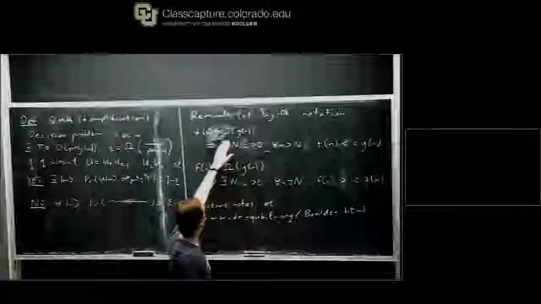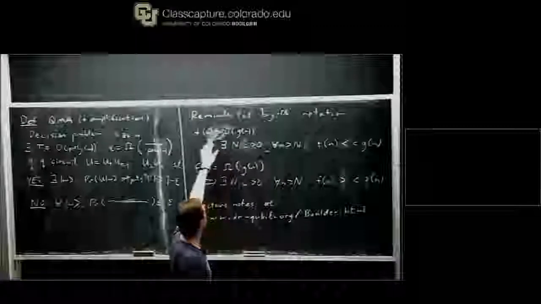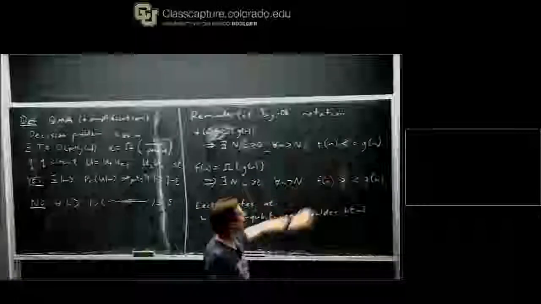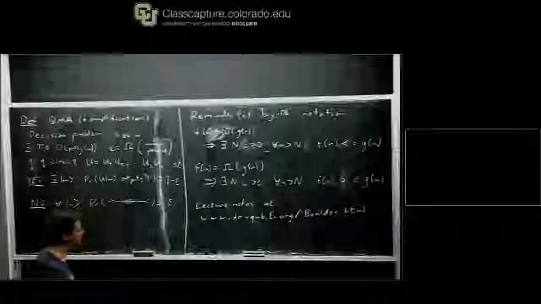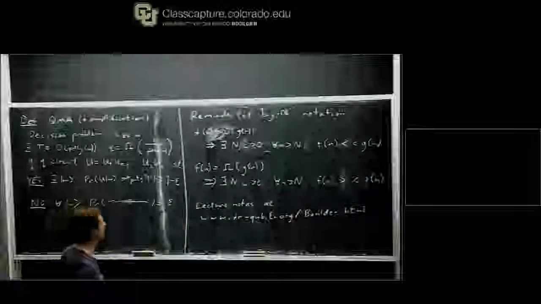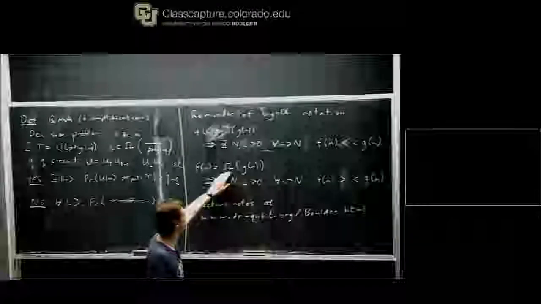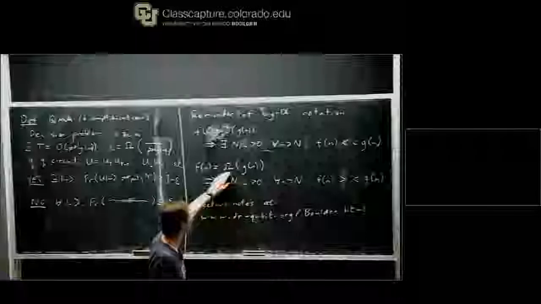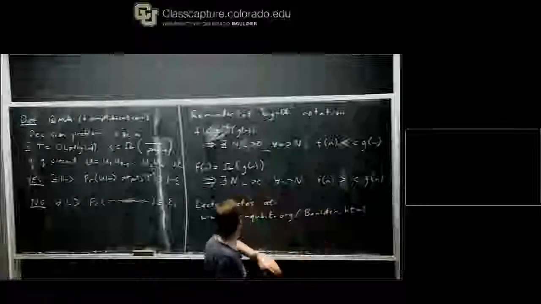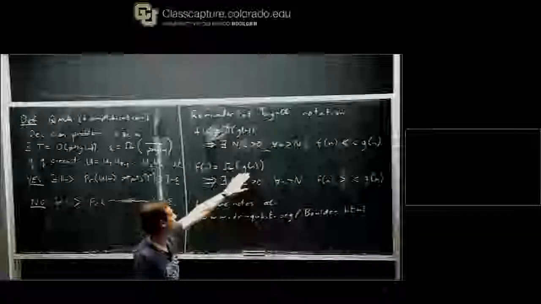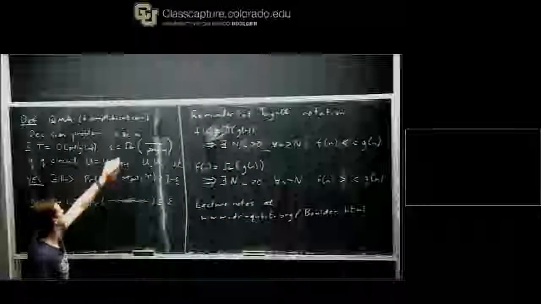F is big O of G means that for sufficiently large arguments, so for sufficiently large n, F is upper bounded by G times a constant. And this big omega, which is going to crop up a number of times and may not be so familiar, is the same thing but with the inequality the other way around. So this says F is asymptotically upper bounded by G. This is F is asymptotically lower bounded by G, and we see both are cropping up in the definition of QMA.